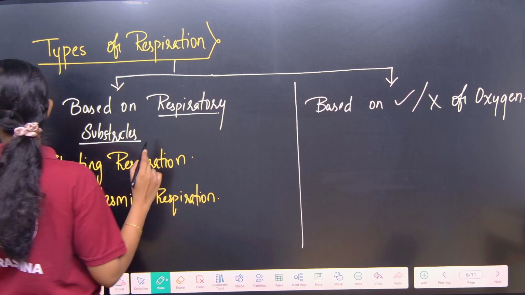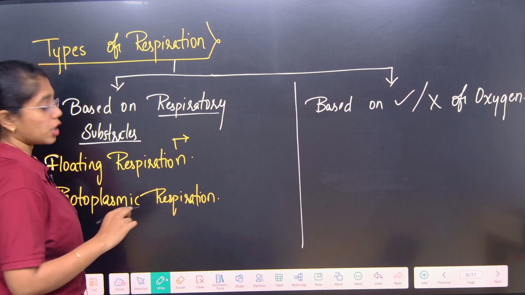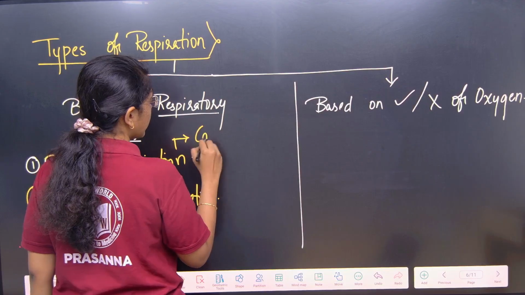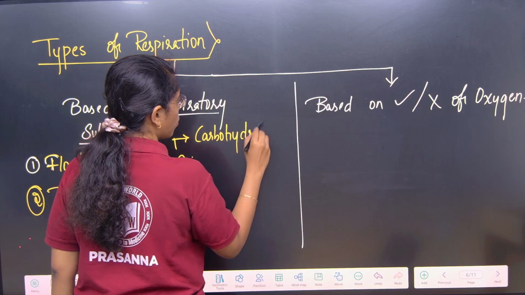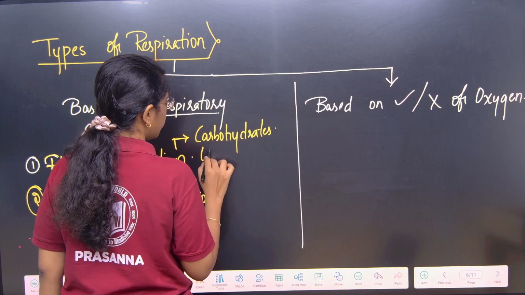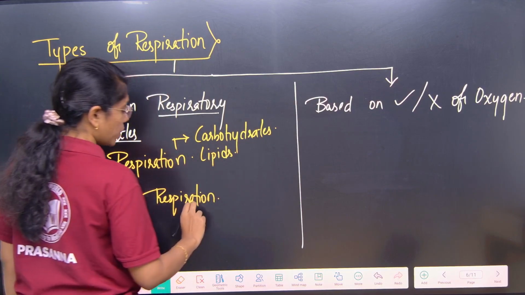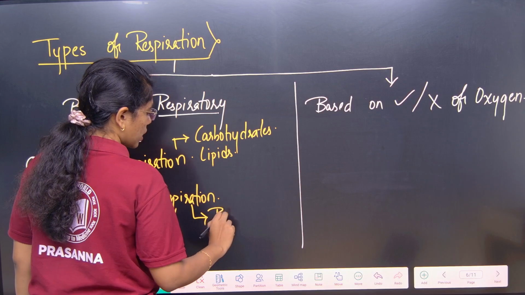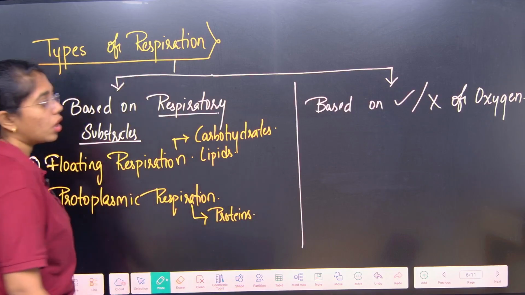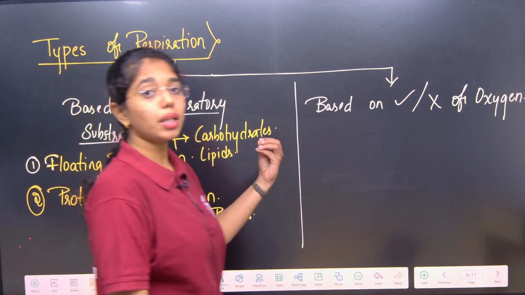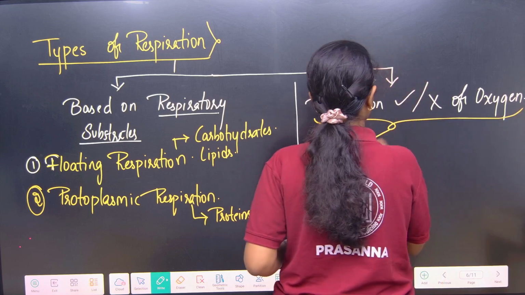In floating respiration, the respiratory substrate is either carbohydrates or lipids. In protoplasmic respiration, the respiratory substrate is proteins. Got it, ma?